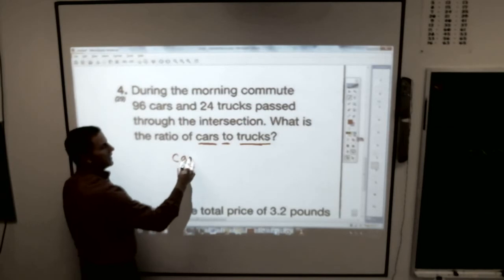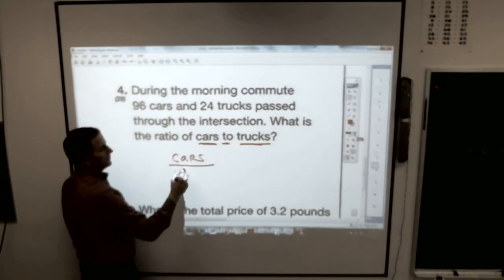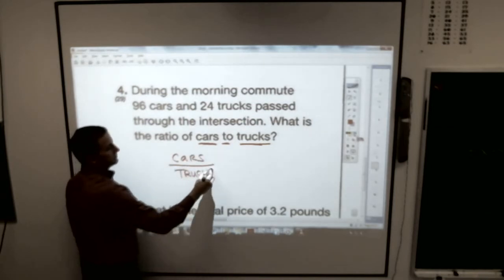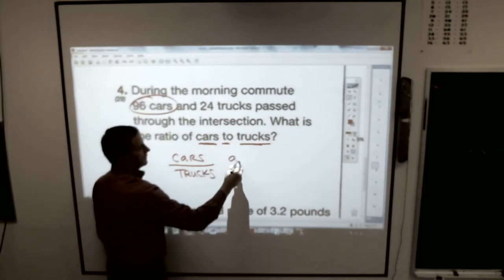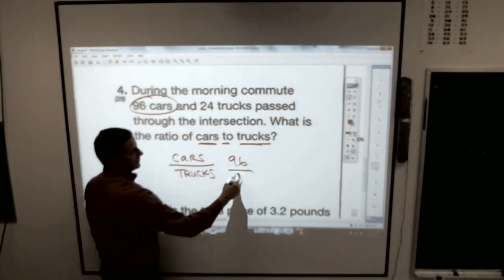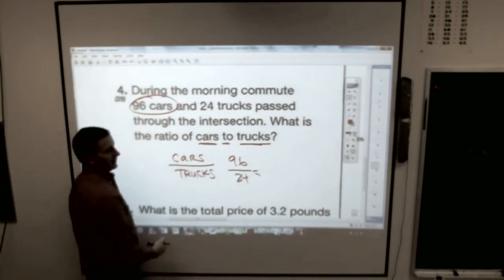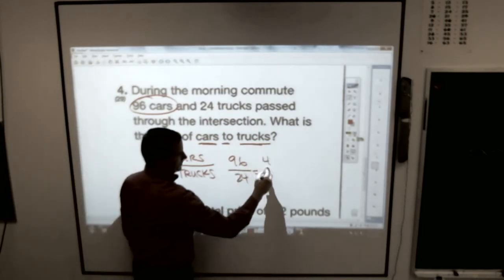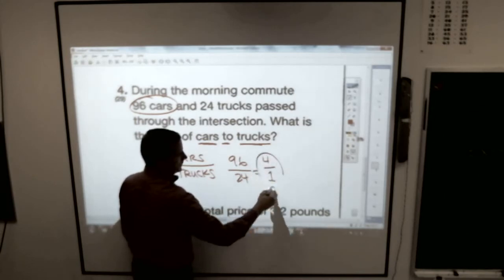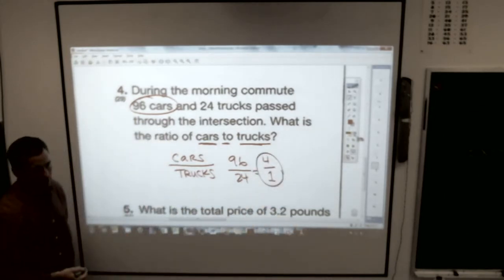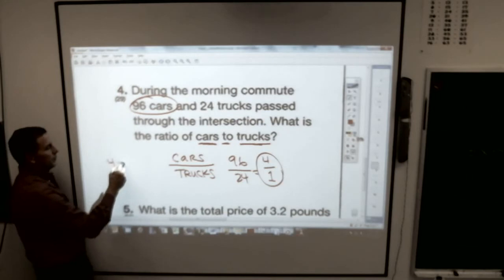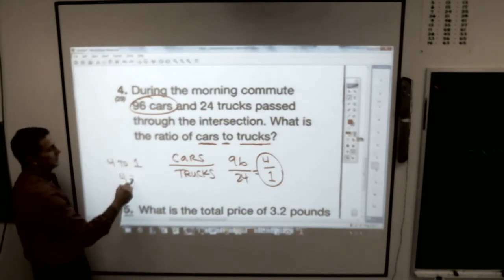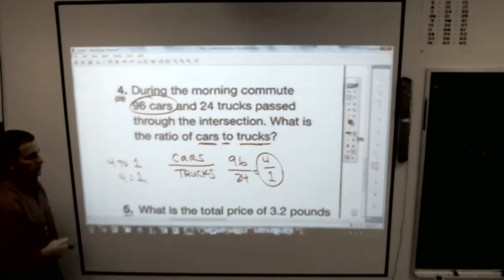The first one given goes on top, so cars on top, trucks on bottom. 96 over 24. I'm not going to do the gory math, but if you reduce it, it ends up being 4 to 1. You can't say just 4, because a ratio has to have 2 numbers. You could say 4 to 1, 4:1, or 4/1. All of those are ratios.